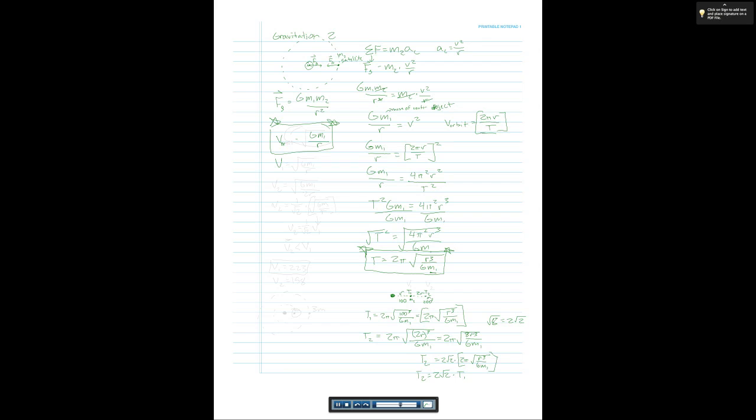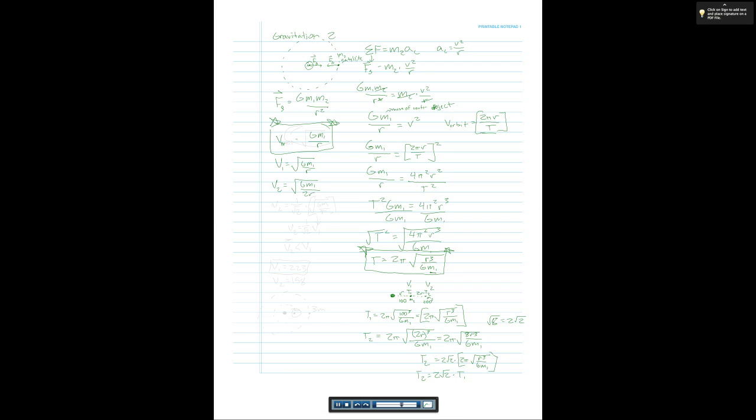You can also do that with the velocity. So let's say that our inner mass here, or the one at 100, is V1, and I'll call this V2. V1 is just the square root of G times M1 over R. V2 is the square root of G M1 over 2R.